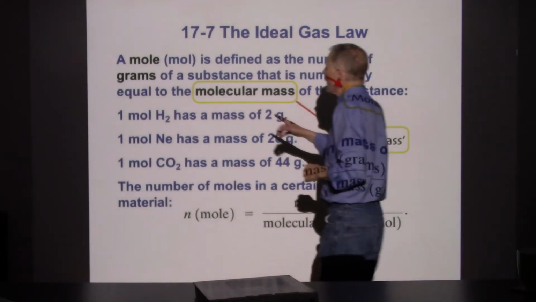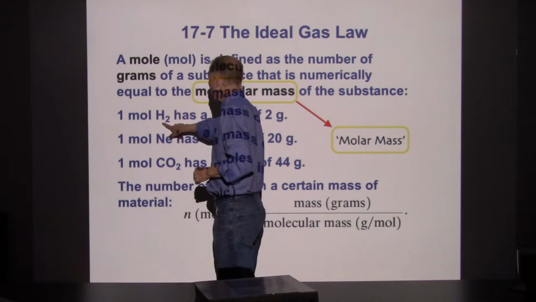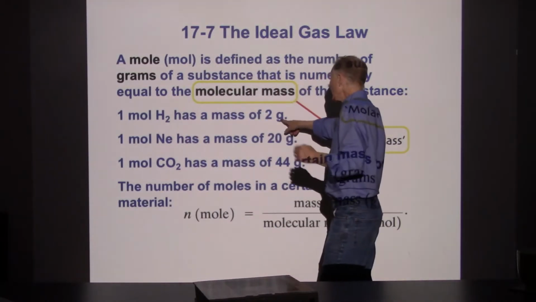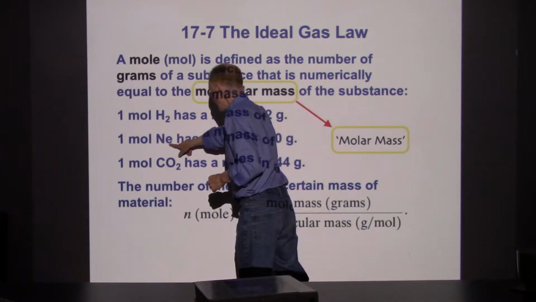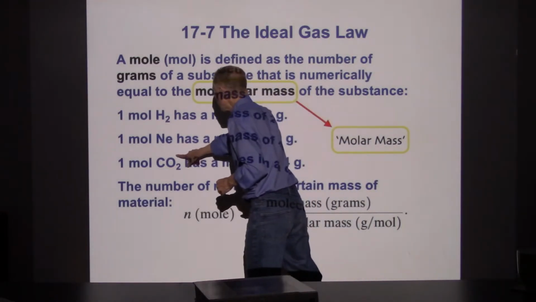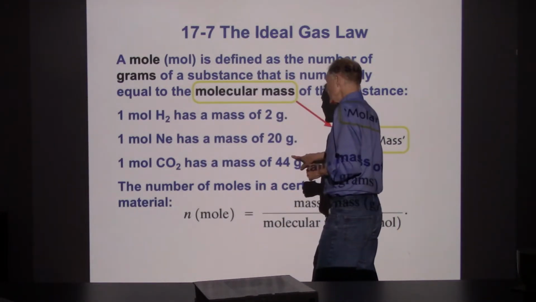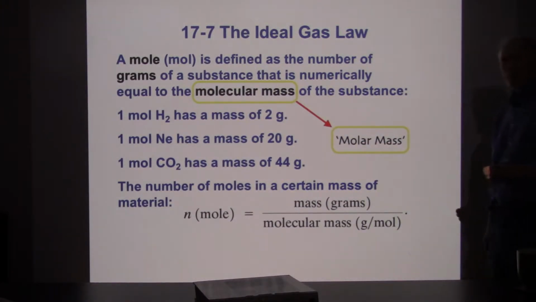It turns out that 1 mole of hydrogen molecules has a mass of about 2 grams, a mole of neon has a mass of 20 grams, and a mole of carbon dioxide has a mass of 44 grams.